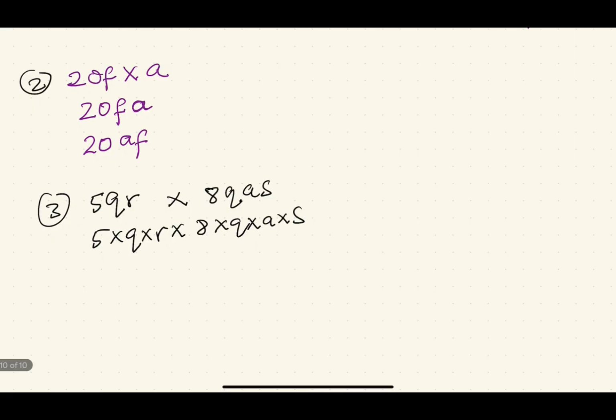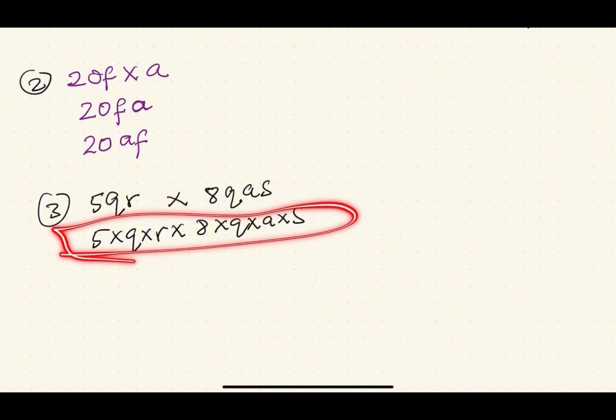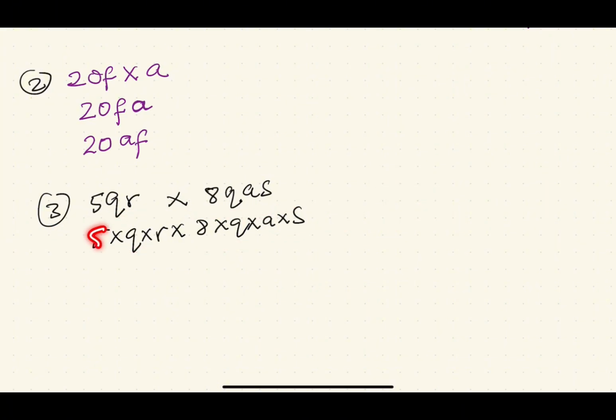And then, like I said, with mathematics and multiplication, a times b is the same as b times a. So if all of these are multiplying each other, let's just start with the numbers. What if I start with the 5, then the 8? So I'm just going to start with the 5 times the 8, and then the letters will come next.